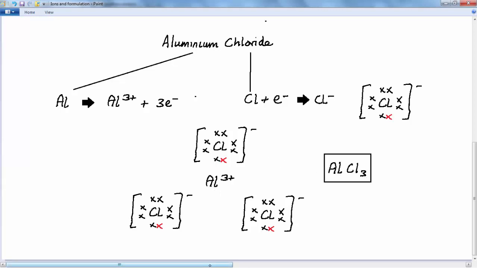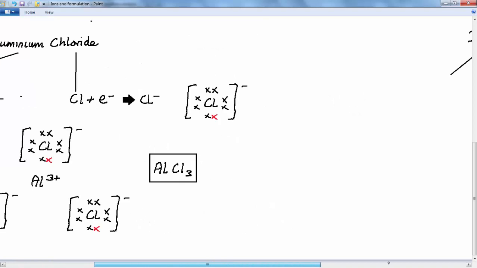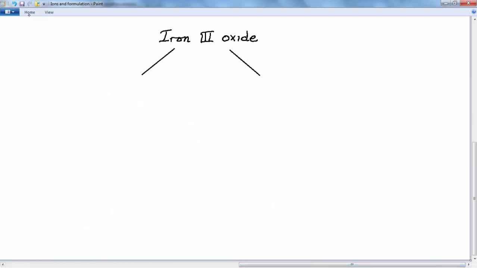Okay, finally a little bit more complex example, iron 3 oxide. And notice that the transition elements sometimes have multiple valences, so they have a tendency to form more than one type of ion. So in the case of iron, it can form an ion with a 2+ charge or a 3+ charge, and the type of ion that is formed is denoted by this number here.